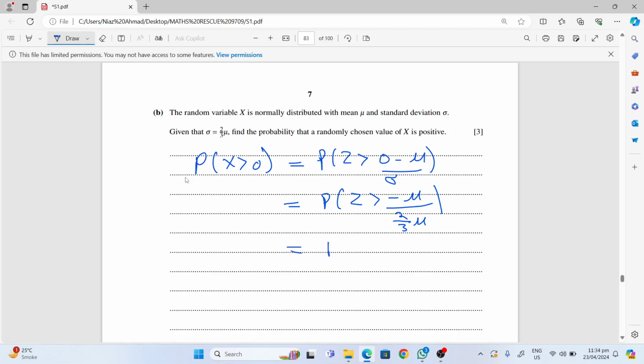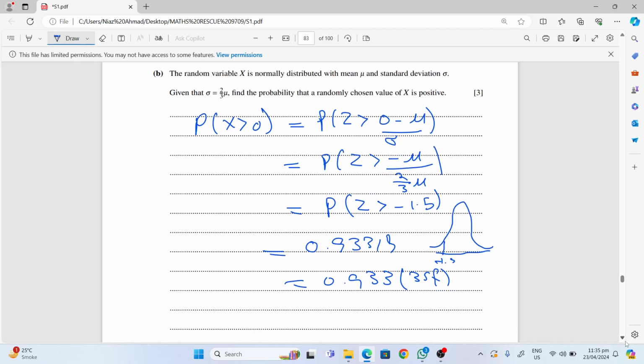So mu cancels each other, so it will give you z greater than negative 1.5. So we have our normal distribution curve, and here it is negative 1.5. So greater than this, we can get our probability, that is 0.93319, or you can write it to 3 significant figures, 0.933. So this is the probability.